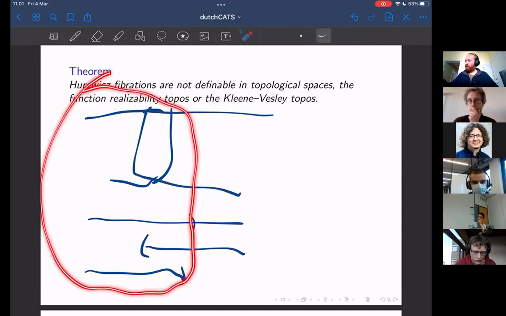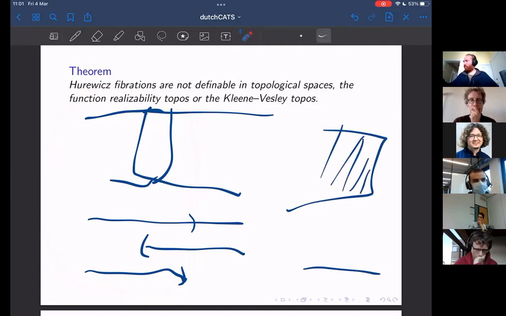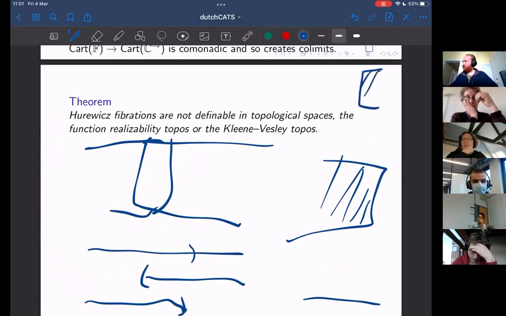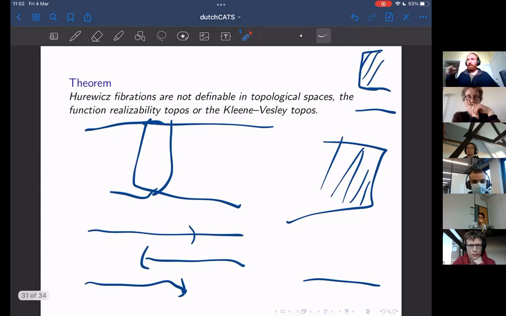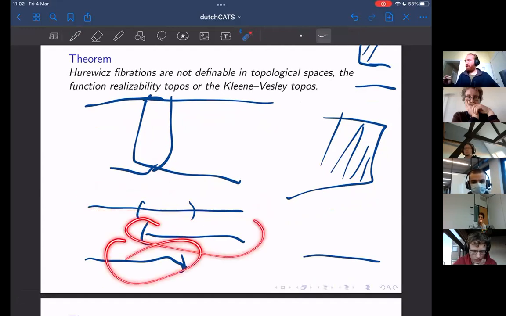If we think of this as a map from half of R2 down to half of the real line, and we have another Hurewicz fibration over the other half of the line and the other half of the plane, then we can glue them together to get the entire real line, and then the whole of the real plane R2, gluing two halves with a little bit of overlap here.